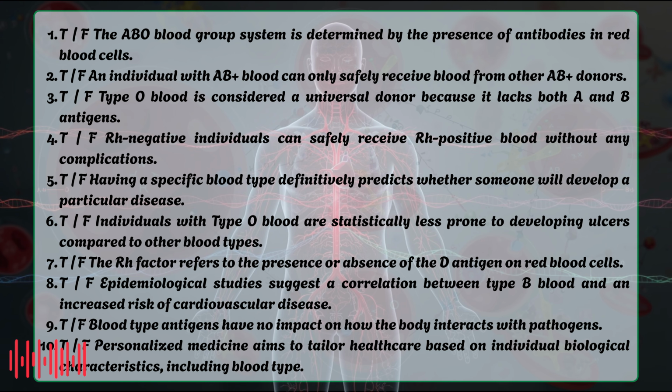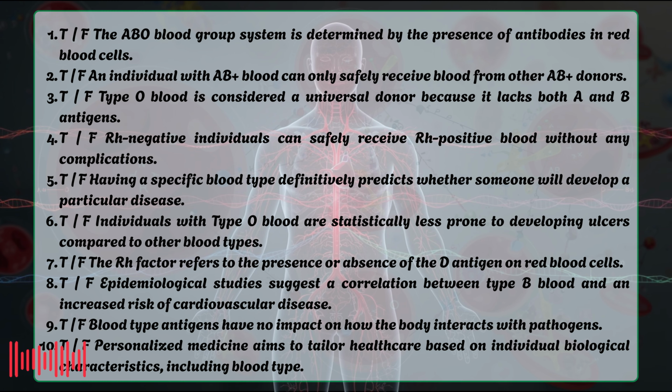5. Having a specific blood type definitively predicts whether someone will develop a particular disease. 6. Individuals with type O blood are statistically less prone to developing ulcers compared to other blood types. 7. The Rh factor refers to the presence or absence of the D antigen on red blood cells. 8.